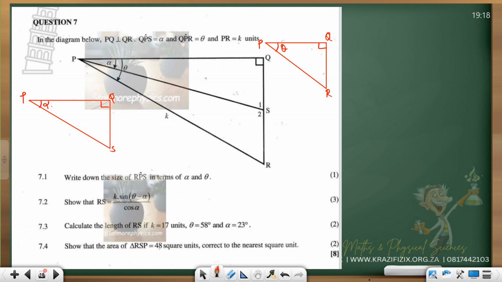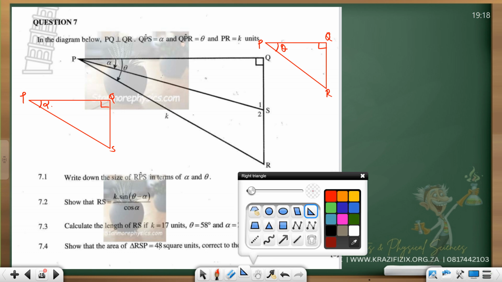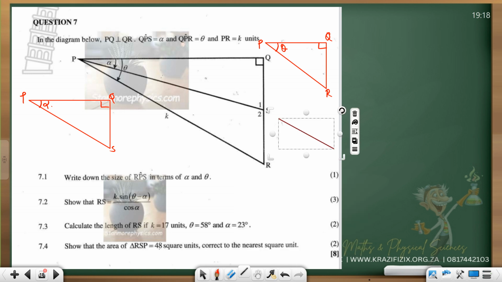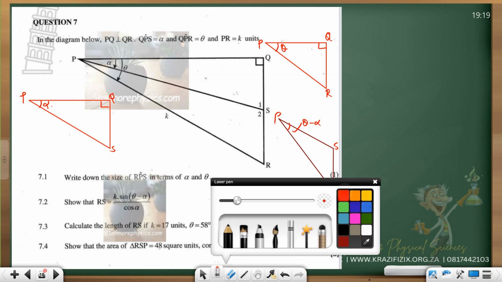Alpha. Then I have that other little triangle there. S, P, and R. And instantly, I should know that is what? Theta minus alpha.